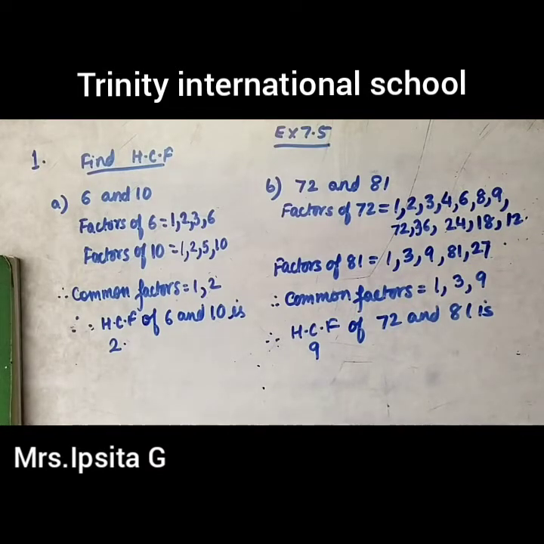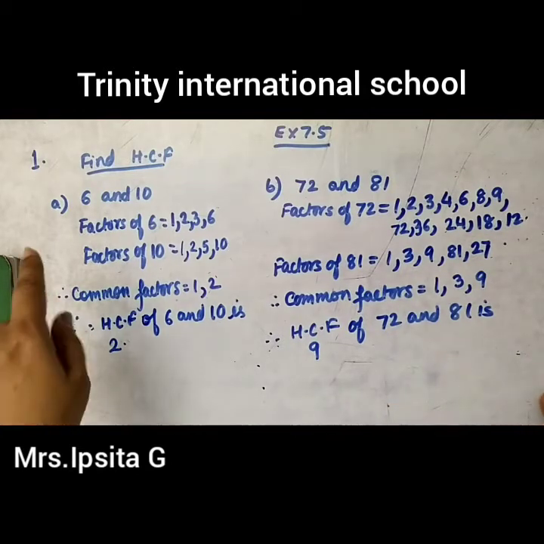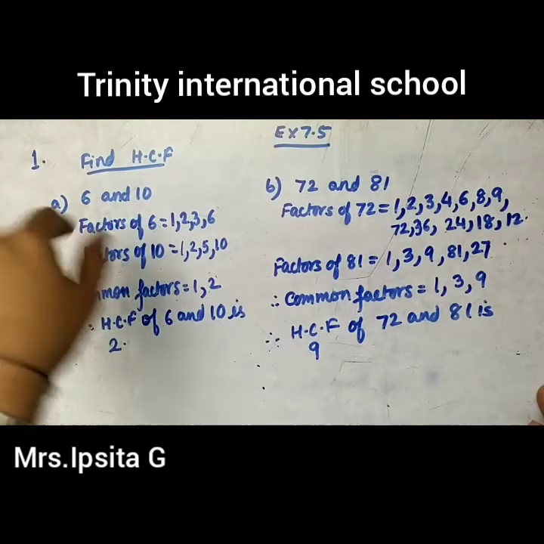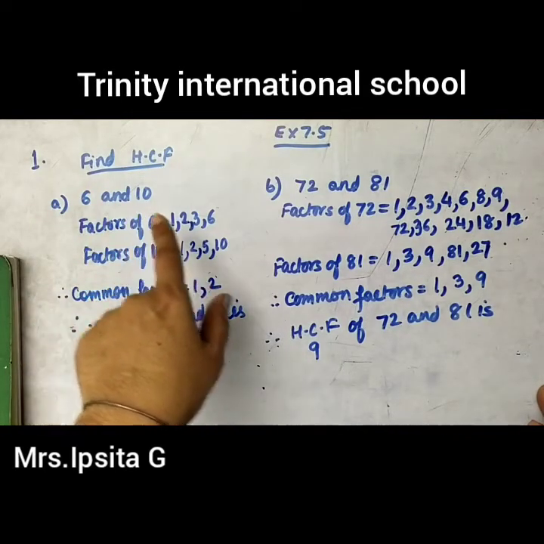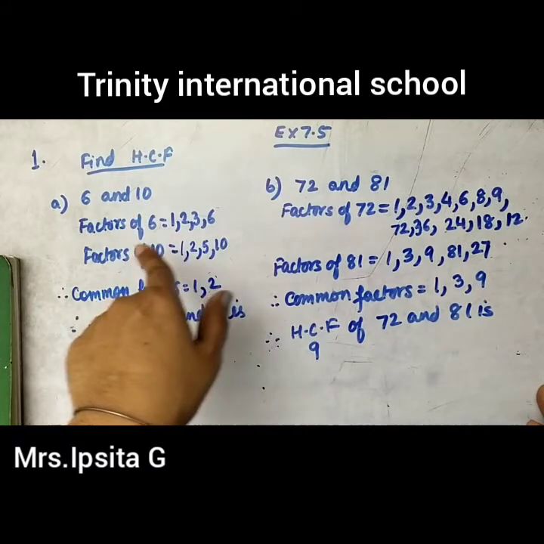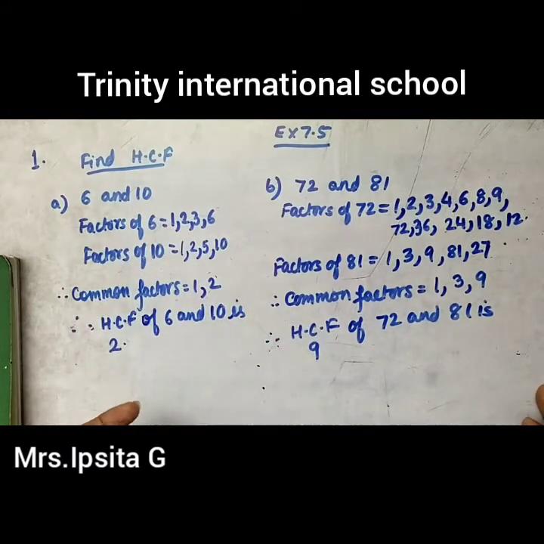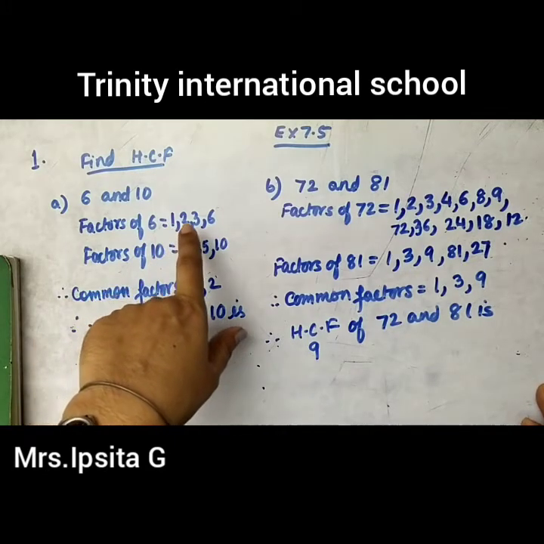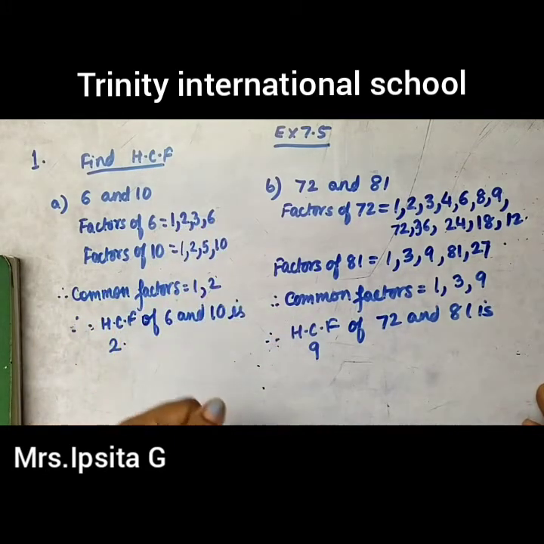Now see, your first question given is 6 and 10. So you are going to first take the factors of 6. तो 6 का फैक्टर्स क्या हो सकता है, कौन से टेबल में 6 आ सकता है, आपने फैक्टर्स ऑलरेडी पढ़े हैं, है ना. तो 1 के टेबल में आता है, 2 के टेबल में आता है, 3 के टेबल में आता है, 6 के टेबल में आता है.